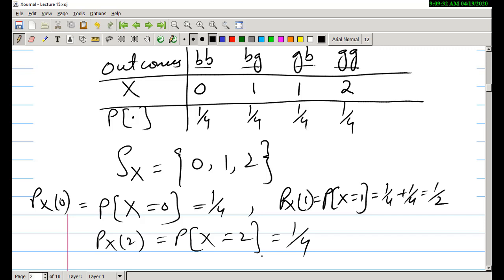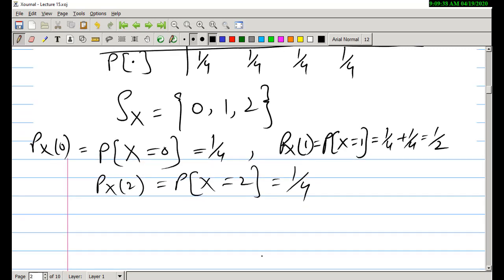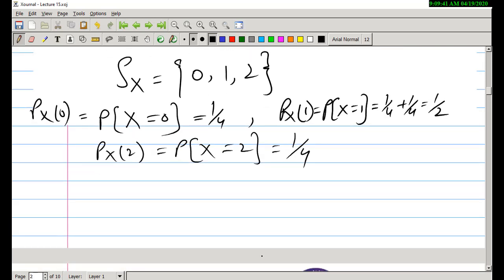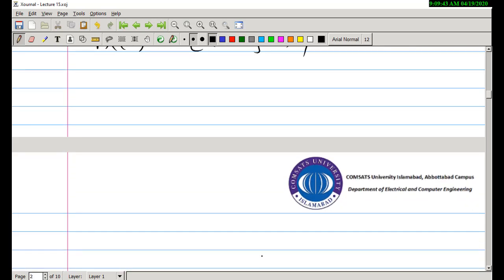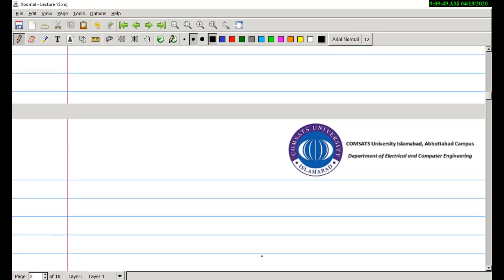Now this is the very brute-force way to find these probabilities. Let's find out how we can write them properly. The first method is the tabular form.